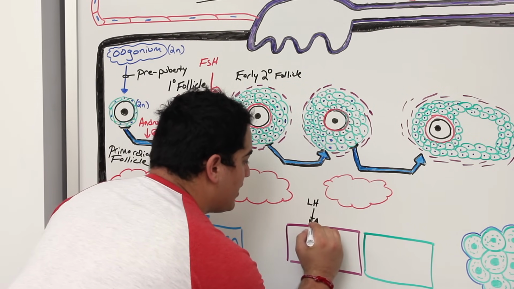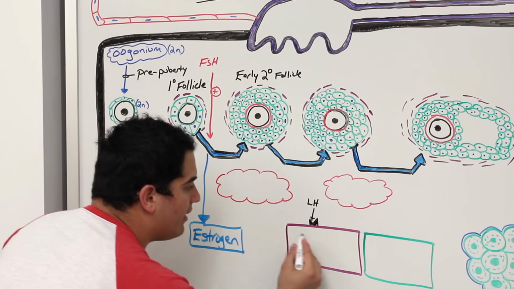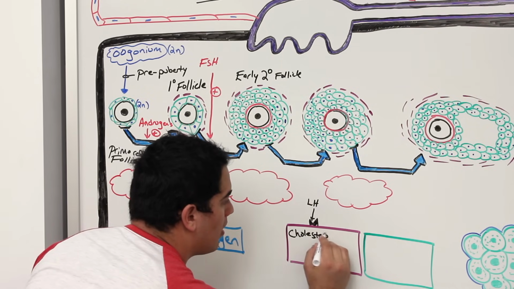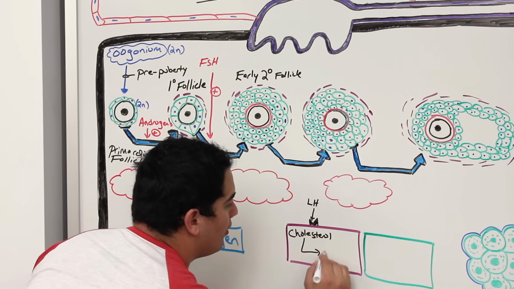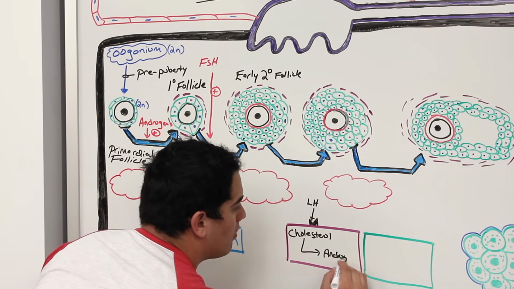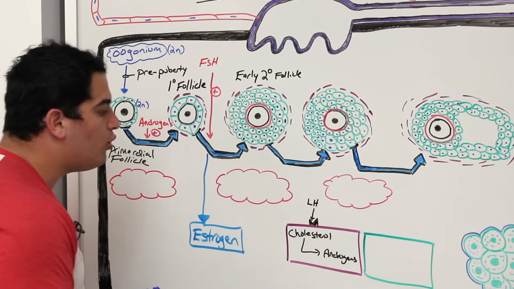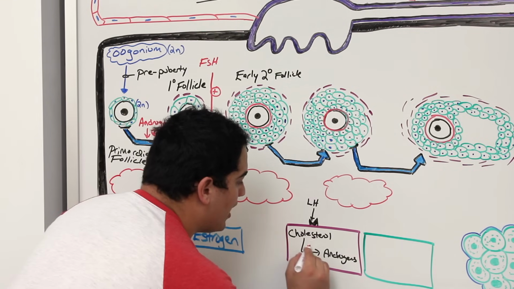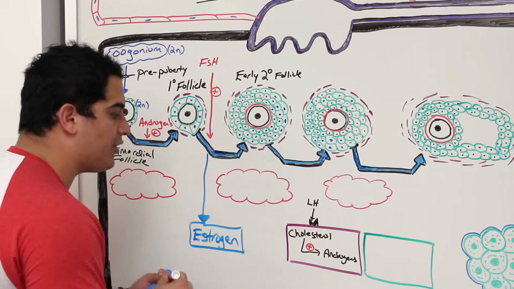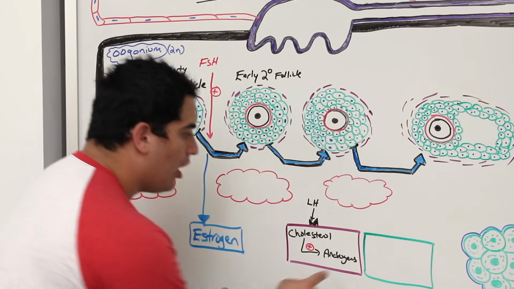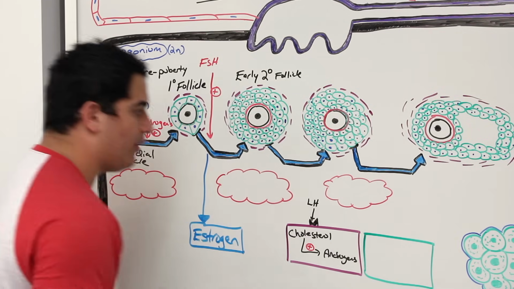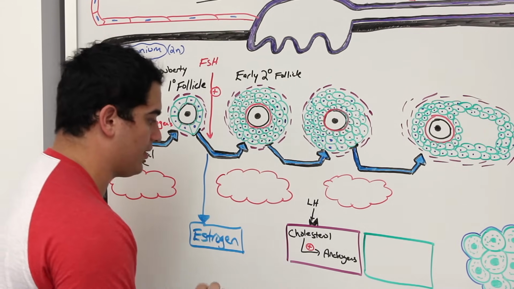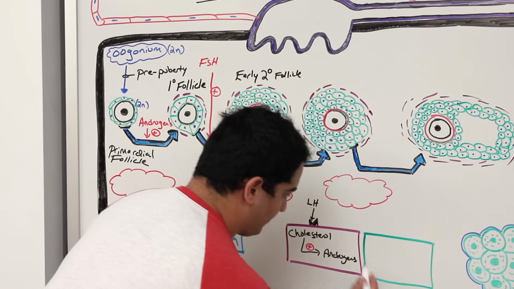So it's acting on this thecal cell, and what's happening in this thecal cell is taking cholesterol and converting it into androgens. But who's stimulating this? LH. LH is actually stimulating the conversion of cholesterol into androgens, like androstenedione. But then look at what's right next to this thecal cell. What's right next to them? These green cells, these granulosa cells. Look what happens to these androgens.